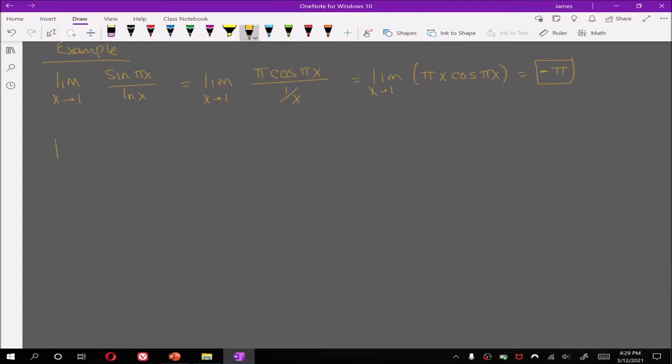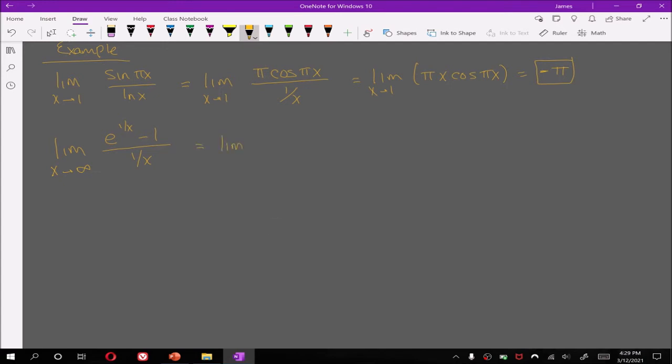Let's now look at the limit as x approaches infinity of e to the 1 over x minus 1 all over 1 over x. If we were to plug in infinity, we'd have e to the 0 minus 1, which is 0. And then we'd have 1 over infinity, that's 0. This is an indeterminate form of 0 over 0.